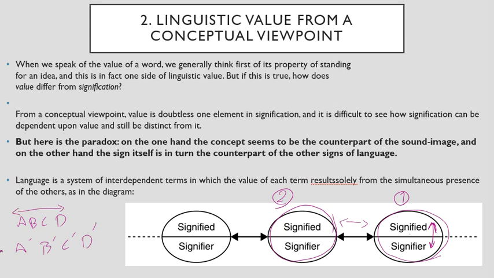These ones, A, B, C, D, different signs, different relations. We understand that they're distinct. And then A versus A'. So this is the sheet of paper, which has the signifier and the signified on the front and back. So this is how signification is different from value.